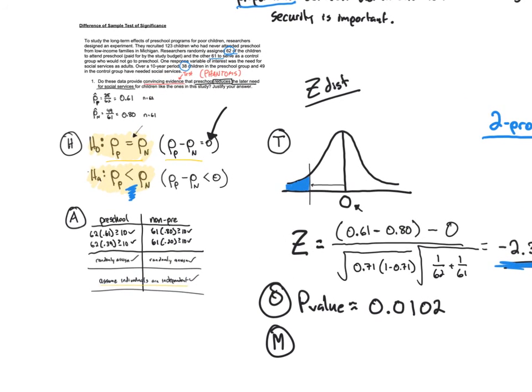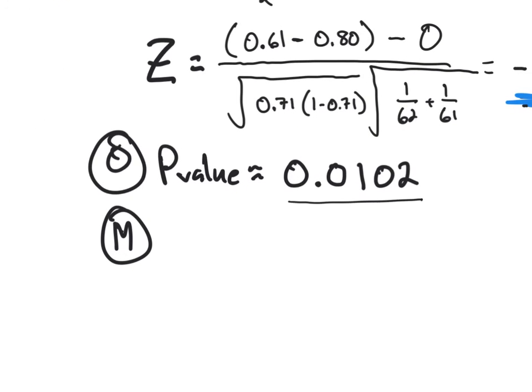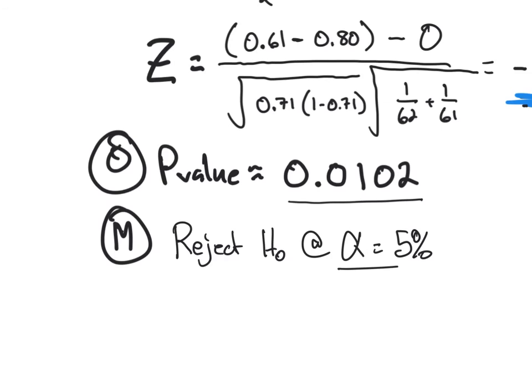Make a decision. You should know how to make a decision at this point. We did it all of chapter 9, making decisions all the time. If my p-value is less than the alpha, then we reject. Guess what? They do not give me an alpha value. So here's what you have to say. I'm going to say reject the null hypothesis at, and let me give you just an alpha value. If I use alpha 5%, if you don't have any other reason, just use 5%.